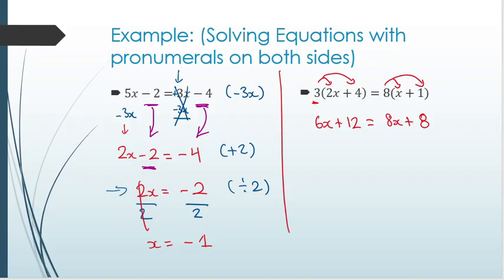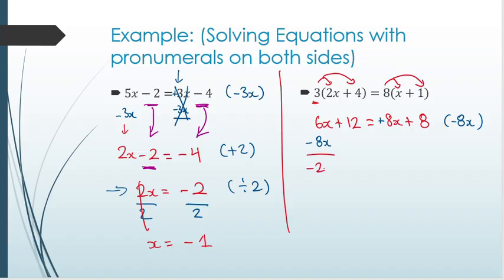Now, let's move the variable over to one side. I'm going to move this 8x over. As you can see, there's no sign there originally, so I'm just adding in a plus there. The inverse operation we shall apply now is -8x. So when we minus 8x on both sides of the equation, I have 6x minus 8x.